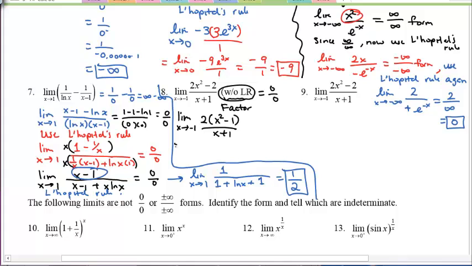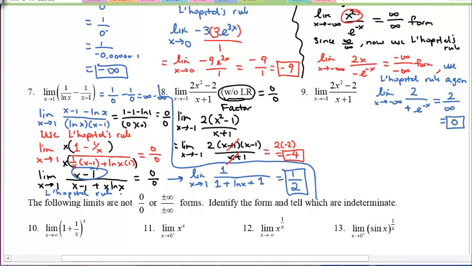Oh, lovely, difference of squares. And there we have it. Those divide out, and you're left with this limit. And then you plug it in. Negative 1 minus 1 is negative 2, so that's negative 4. Remember how we did that?